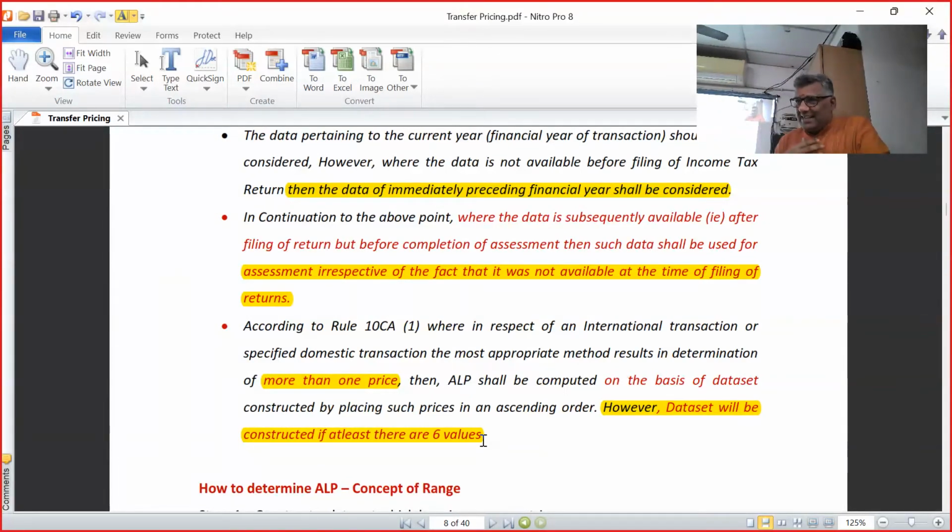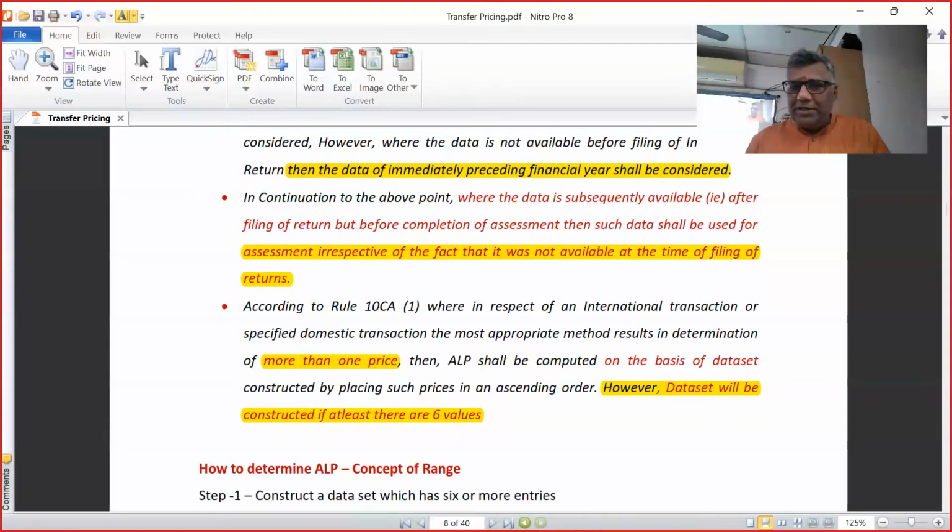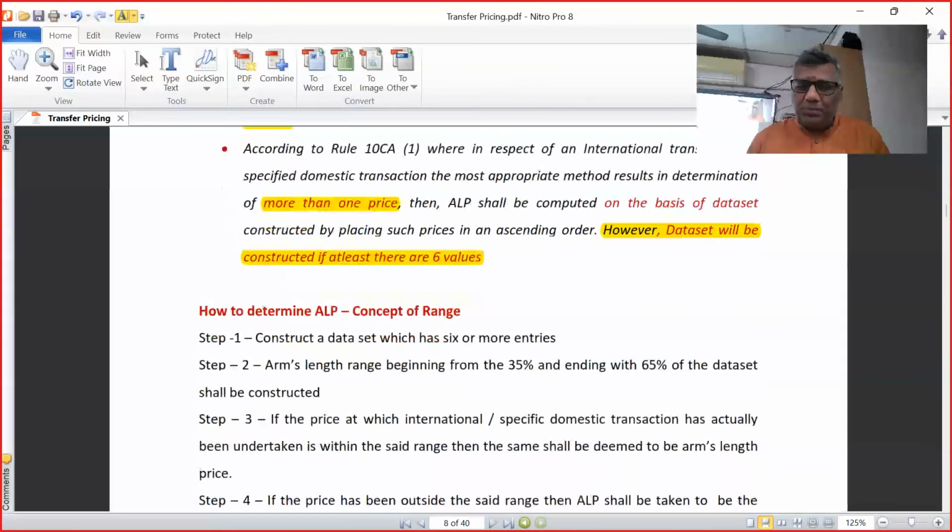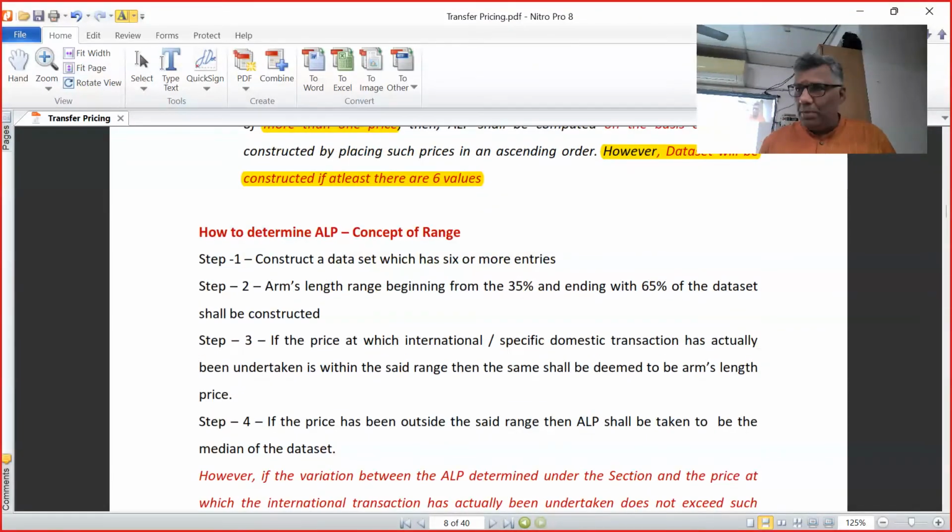What is a data set? How to construct a data set, and when will a data set be used? Six or more values, a data set will be used.